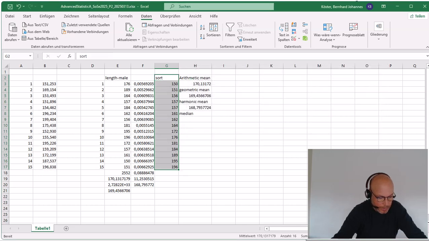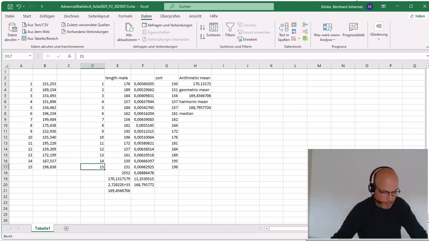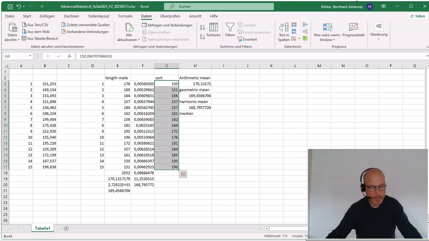Okay, and now we have it. And now we have 15. So what is then the median of this distribution?